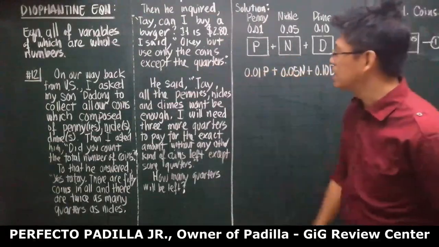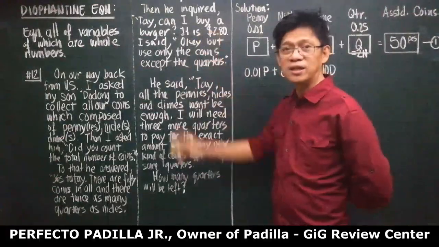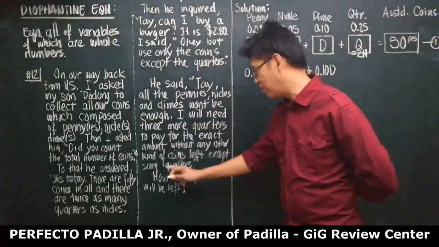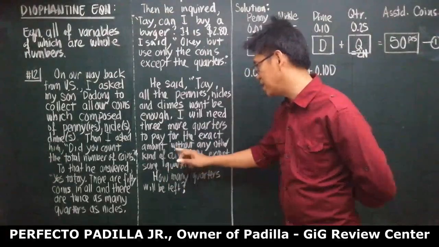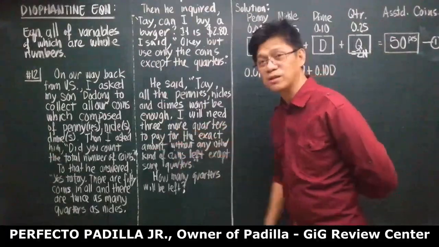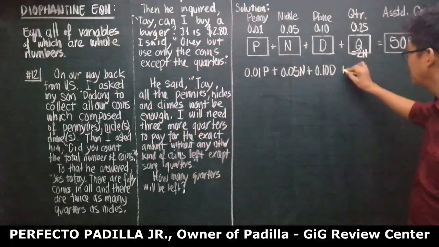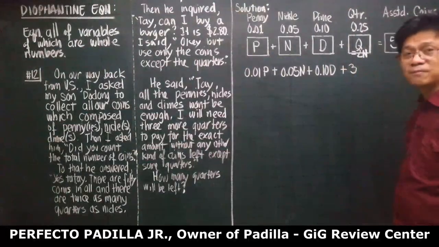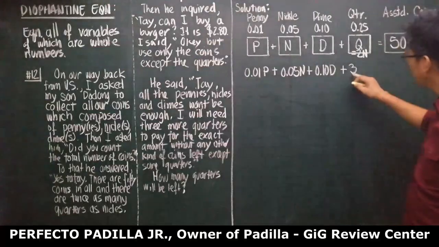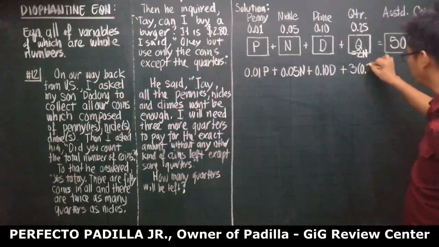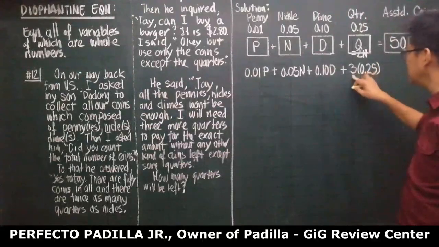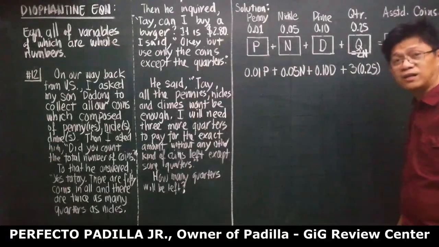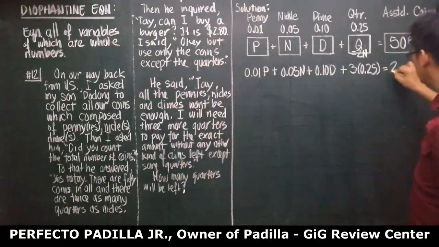But this is still lacking 280. How many more quarters are needed? According to Dodong, he needs 3 more quarters. So plus 3 pieces of quarters. Correct? Each quarter is worth 0.25. He didn't use all the quarters. He just used 3 quarters, right? And this is going to be 2.8.